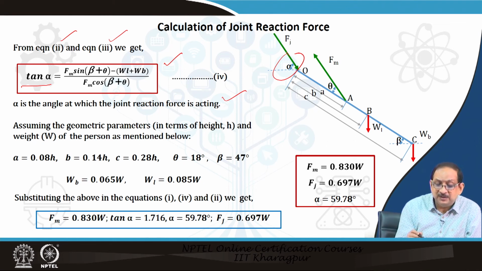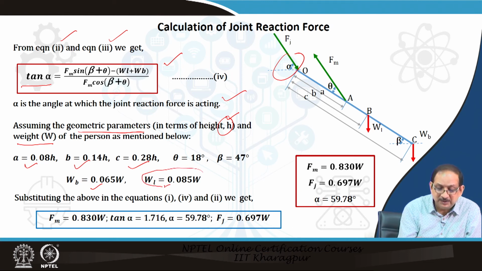Assuming the geometric parameters in terms of height h, there are A, B, C, the dimensions in terms of height and weight W, and the weight of the limb as 0.085 W and weight of the boot as 0.065 W, and the angle theta as 18 degrees and beta as 47 degrees.